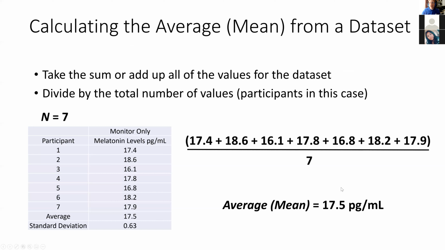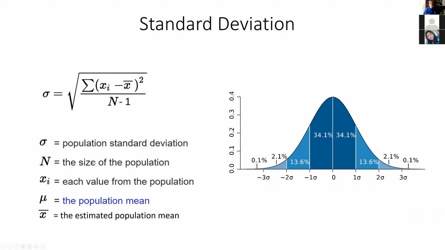So the sigma unit is the unit that is the standard deviation, your population standard deviation. N is the size of the population. So in this case, how many people that you measured, and then whether that is the total population or a subset of the population that you're measuring.